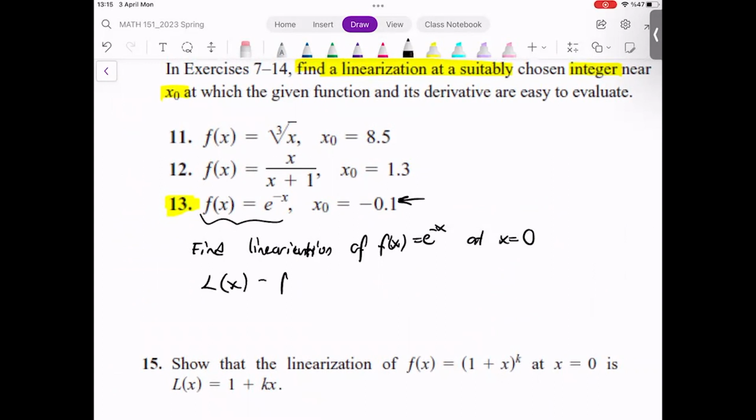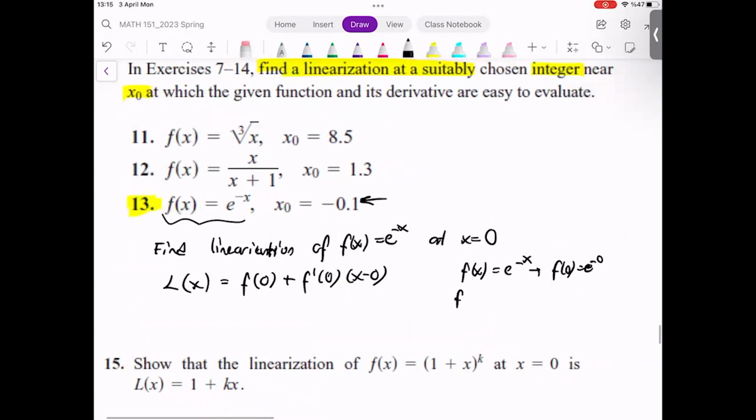The linearization function of this f of x at 0 goes like that: f of 0 plus f prime of 0 times x minus 0. f of x is given as e to the power minus x, so f of 0 is e to the power minus 0, so it is in fact 1. f prime of x, what is the first derivative of this function? Itself times the derivative of the power.